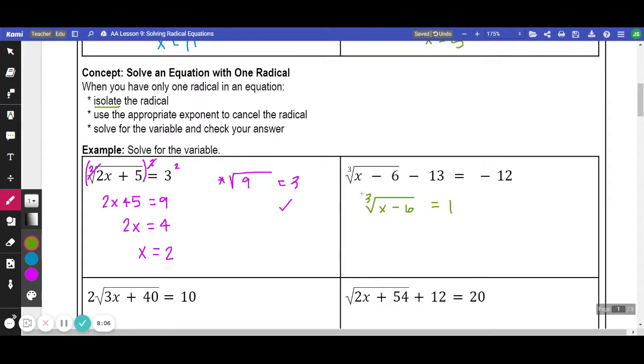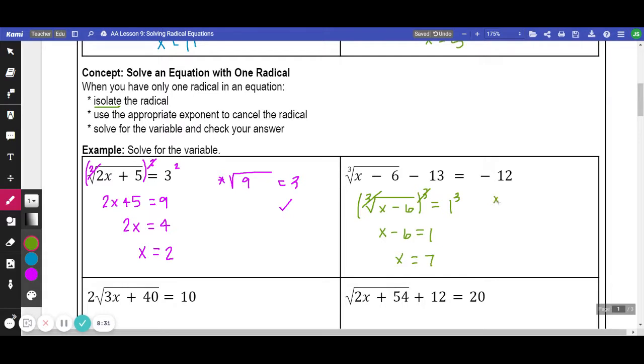This time it's a third root, so the power to undo it will be the third power. Do it on one side, I have to do it on the other. So these cancel, and I get x minus 6 is equal to 1 to the third, which is 1. And then add 6 to both sides. So x equals 7.